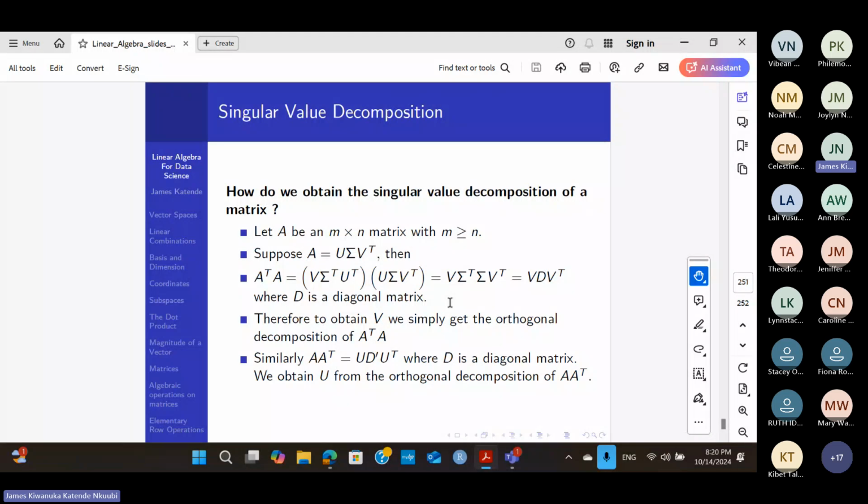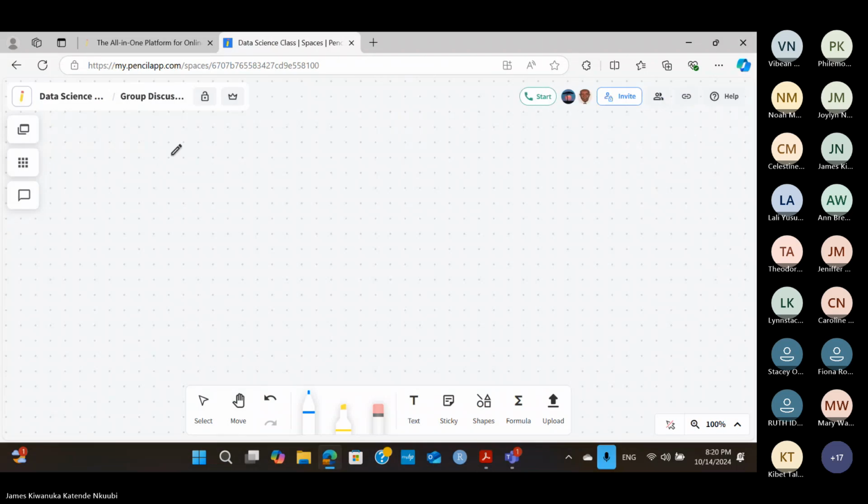So what process do you use to obtain this singular value decomposition? Maybe now the best way is to go to the board. So the claim is this: we want a matrix that behaves like this. Then we put some conditions on U, as well as we want this one to be an M by M matrix.